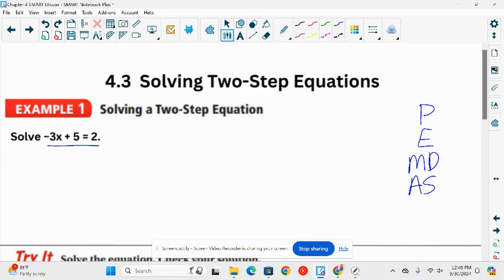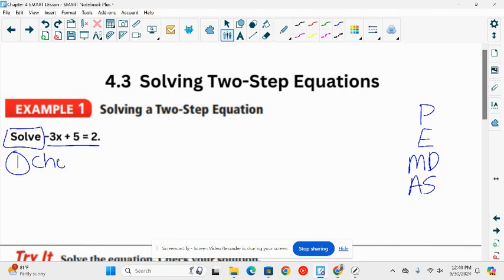Okay? Well, my directions are to solve. I end up with 3 steps when I see solve. What are those 3 steps? Chop it. When we're solving something, we're chopping, boxing, doing the opposite. We probably need to write that down.